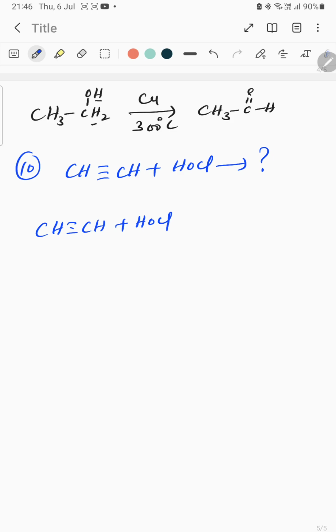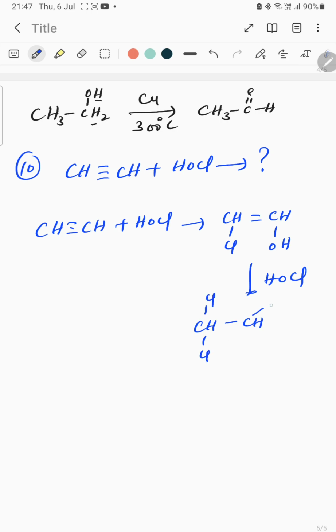Cl is attached to one carbon, OH is attached to one carbon. CH, Cl, double bond CH, OH. Add one more HOCl. Same pattern follow. Break the double bond. Cl is attached to the first one, OH is attached to the second one. CH single bond CH, Cl, Cl, OH and OH.